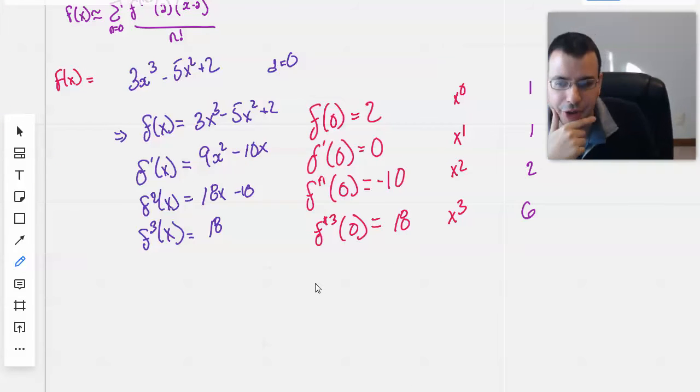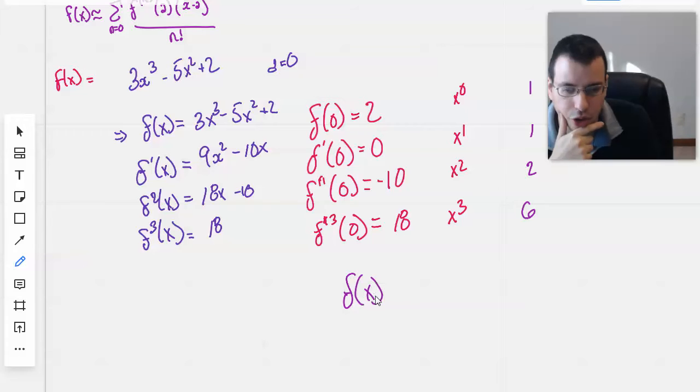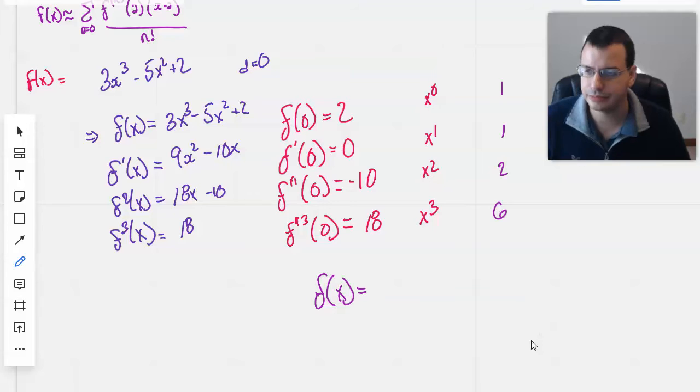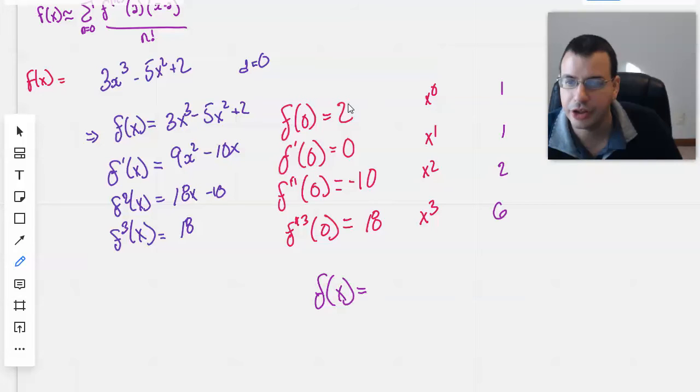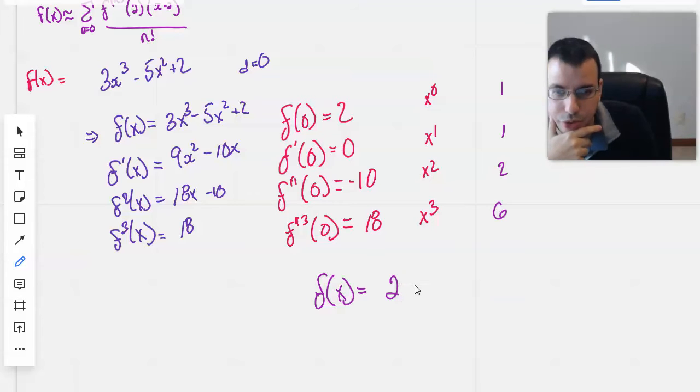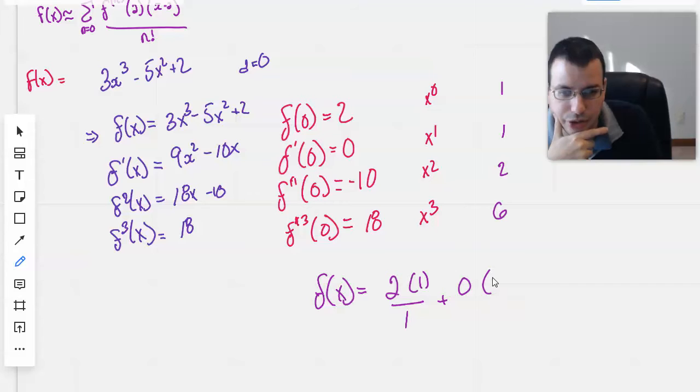And so now we can approximate f of x with, okay, we do this number times that number divided by that number. So it'd be 2 times 1 divided by 1 plus 0 times x divided by 1 plus negative 10x squared divided by 2 plus 18x cubed over 6.